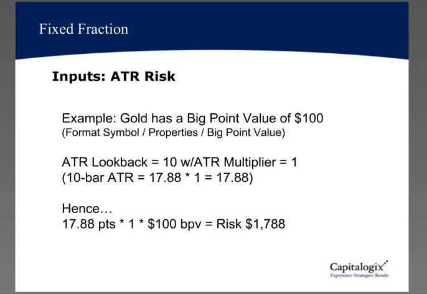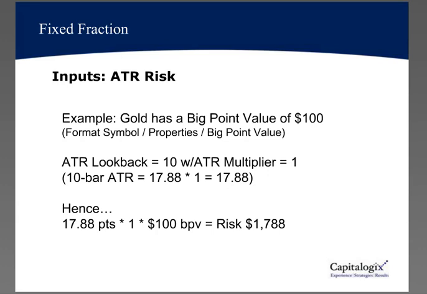The lookback is how many bars I am going back to accumulate the total value of the movement, which is what ATR is. And then the multiplier in my example is 1. The larger the number for the multiplier, the less risky it is.